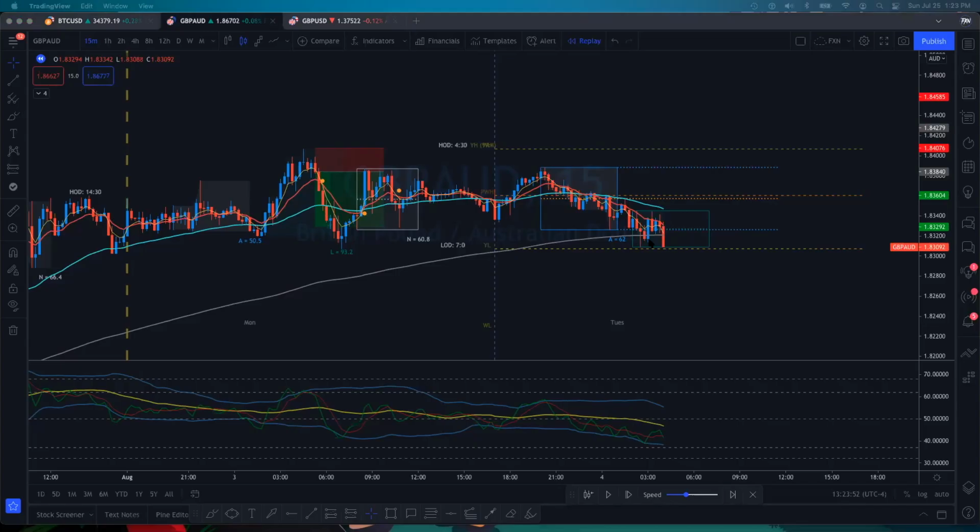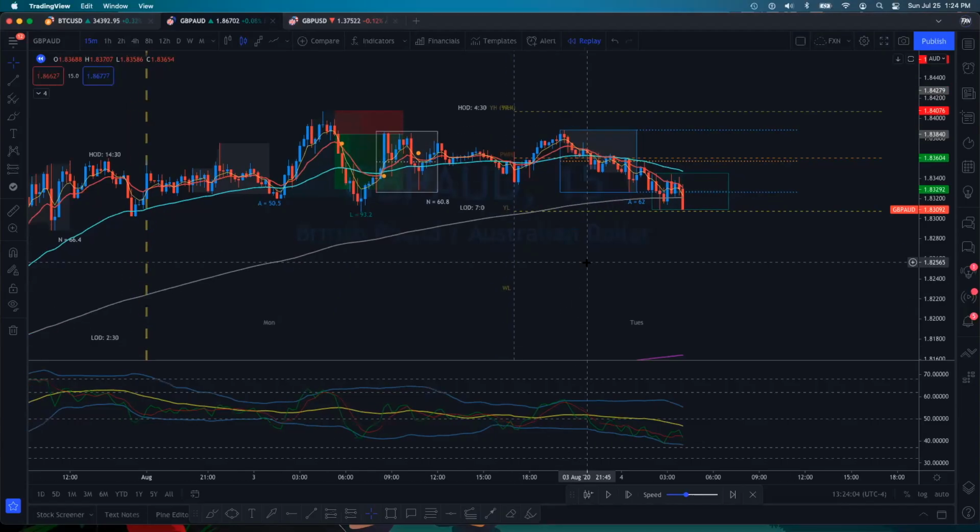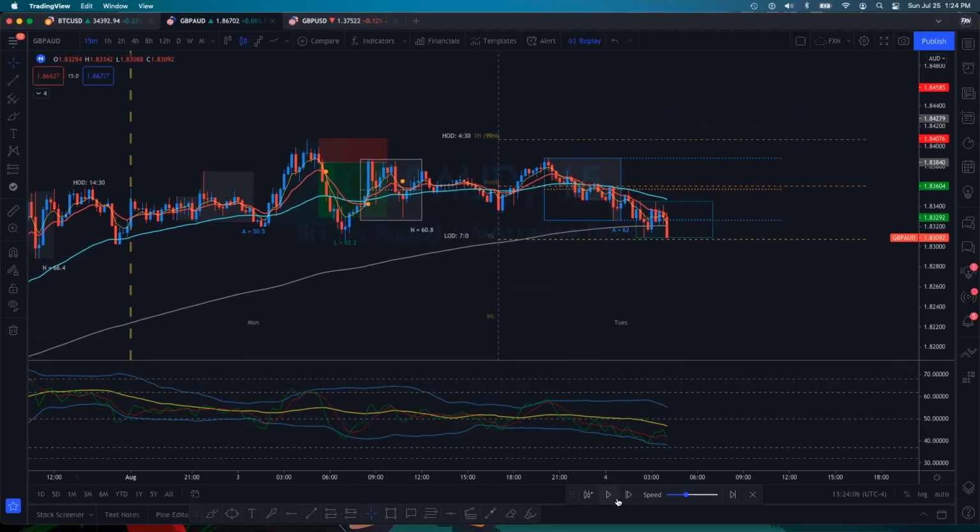If they wanted to go back up, they would have done it. This is not coming back up. This big candle here is probably going to lead them down. This is probably going to end up with no trade setup for us because of that.